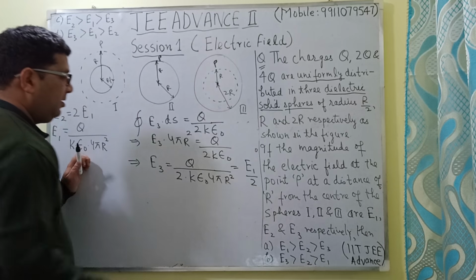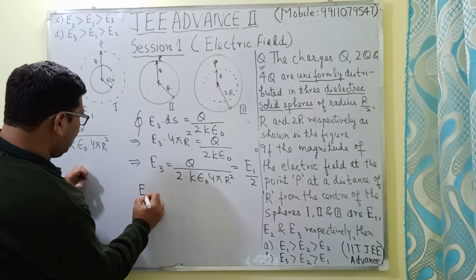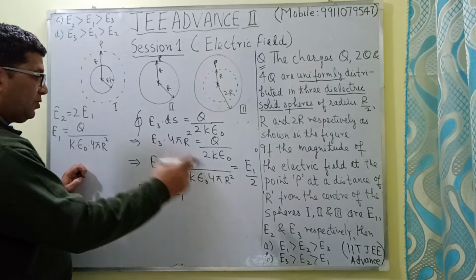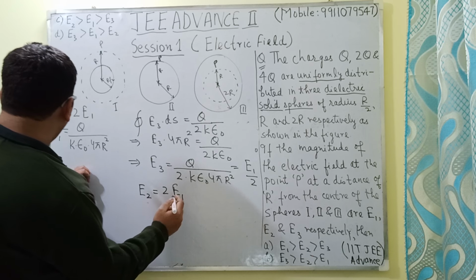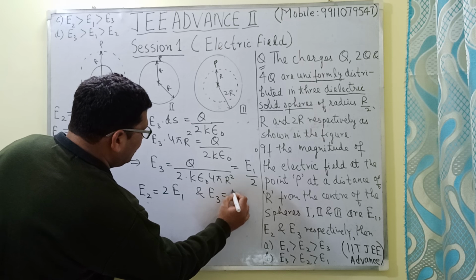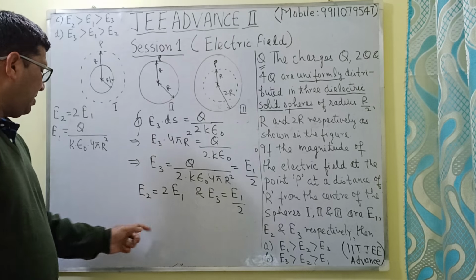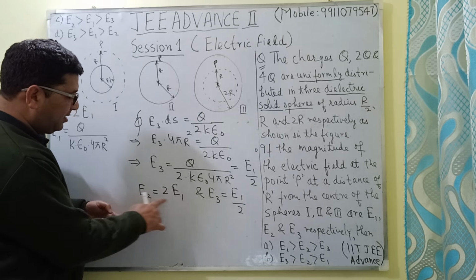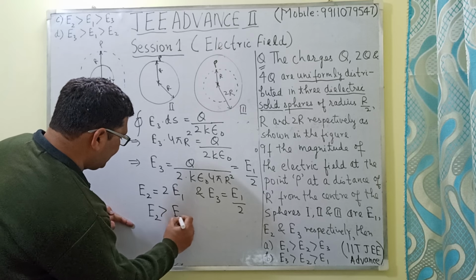Now I have got two relations. That is, E2 is equal to 2 times E1, and E3 is equal to E1 divided by 2. So from these two relations, we can find that E2 is greater than E1, first thing.